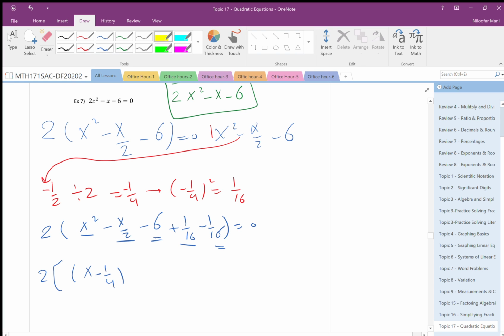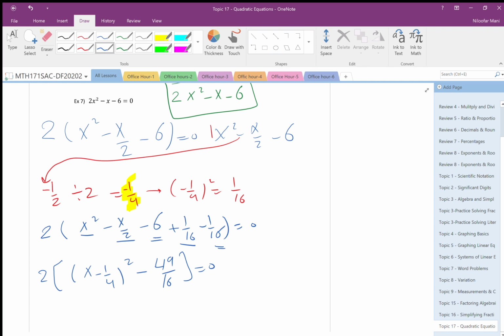I have it from here. x minus 1 over 4 squared, minus 49 over 16, equals 0.